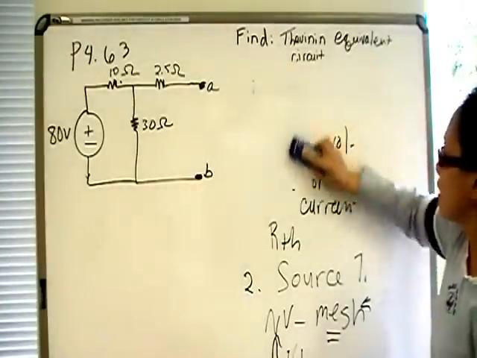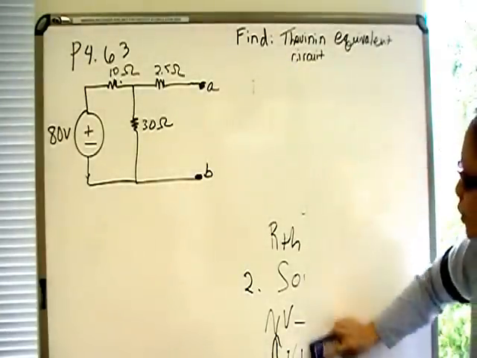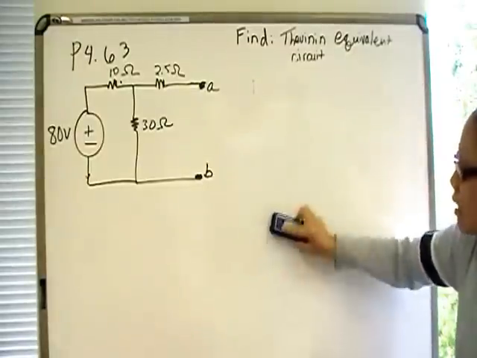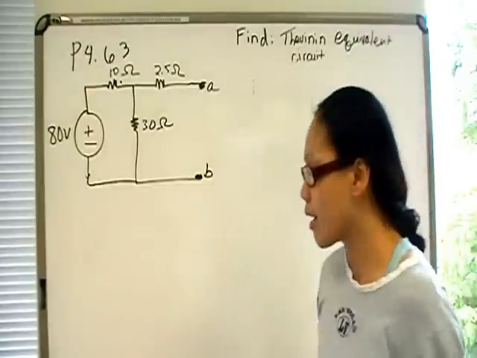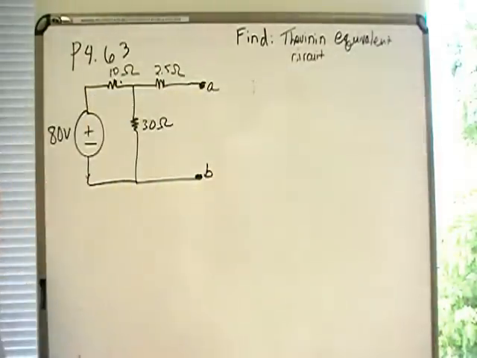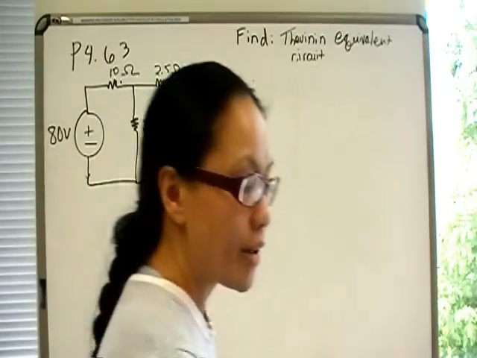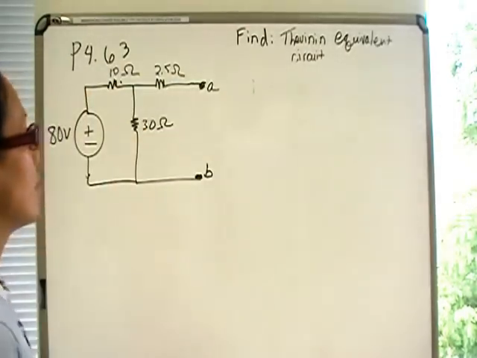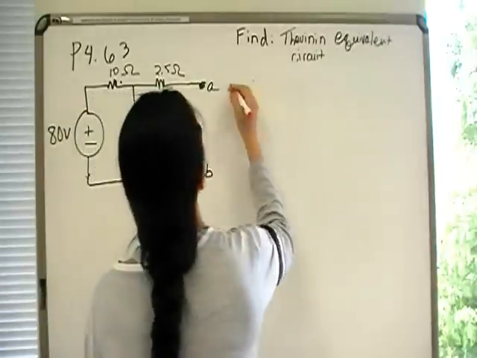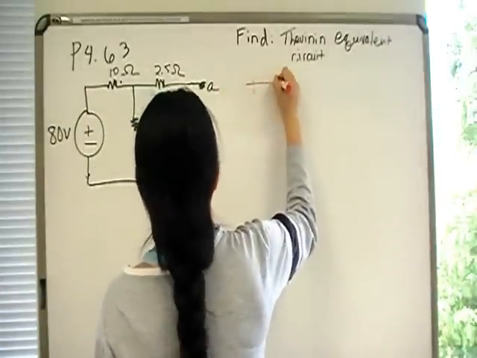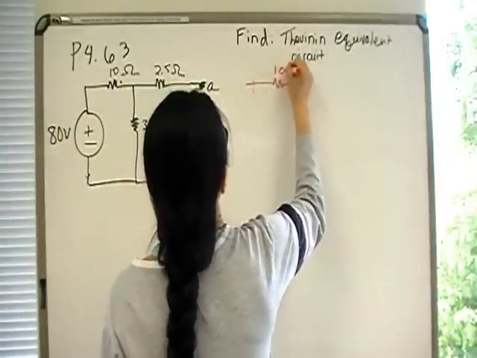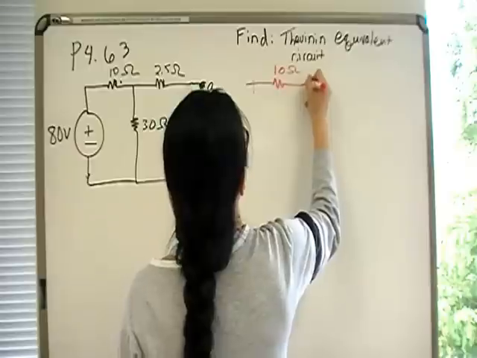Okay, so let's find the Thevenin equivalent circuit. Like I said, the first thing you're going to do, I always do, is find the R-Thevenin. That means we're going to short the circuit. I'm going to draw the new circuit in red for comparison. So to find it, we're going to just draw everything like we did before.